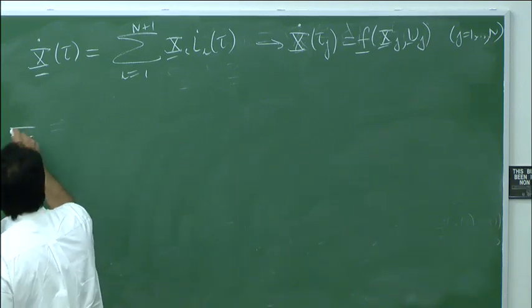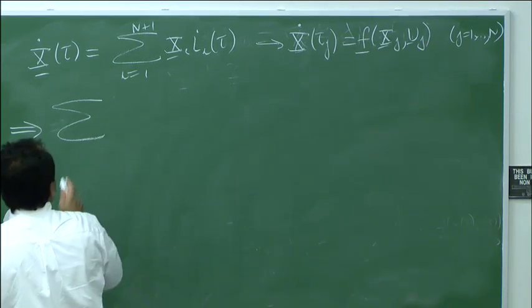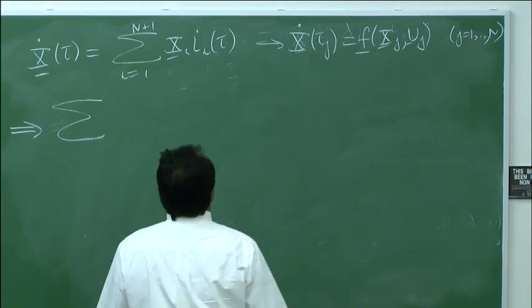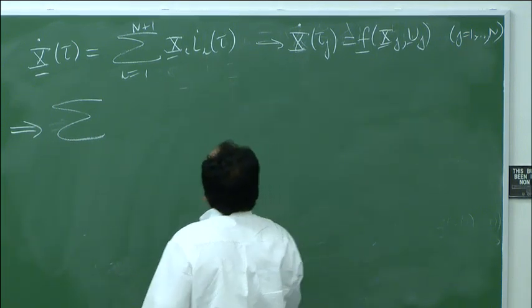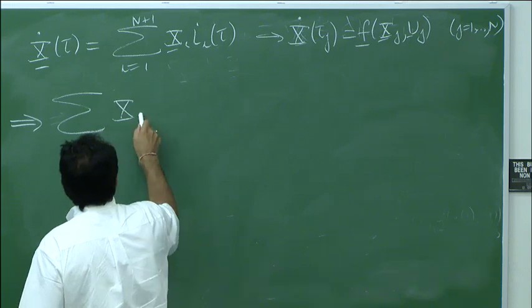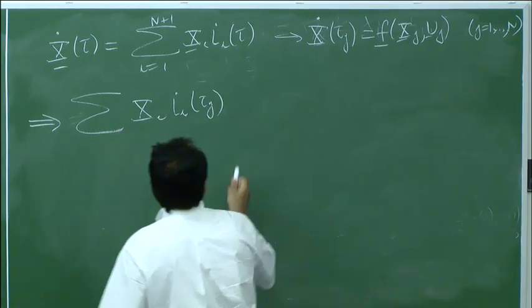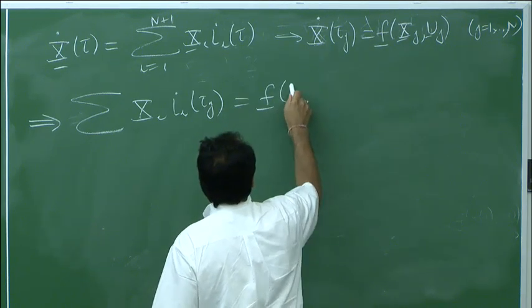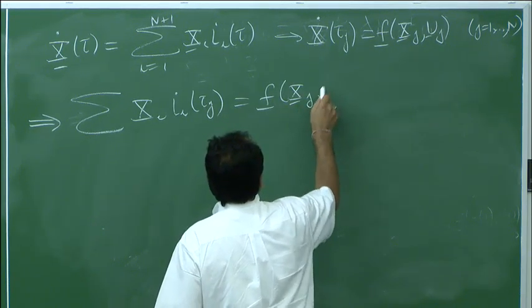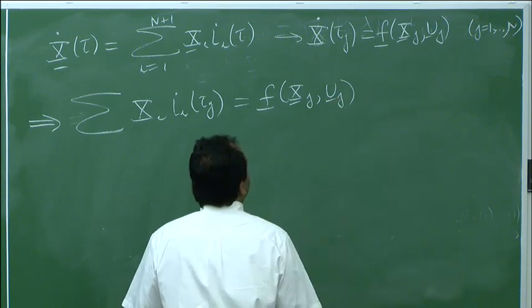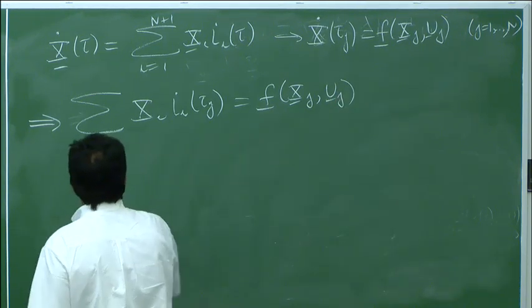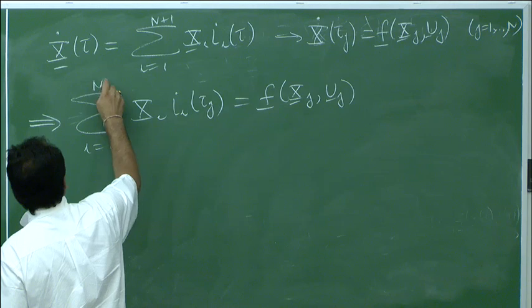When we do that, we get the following system, where these coefficients L_i dot of tau j, times x_i, are equal to f of x_j, u_j. This is what happens when you do this. The sum goes from 1 to n plus 1.